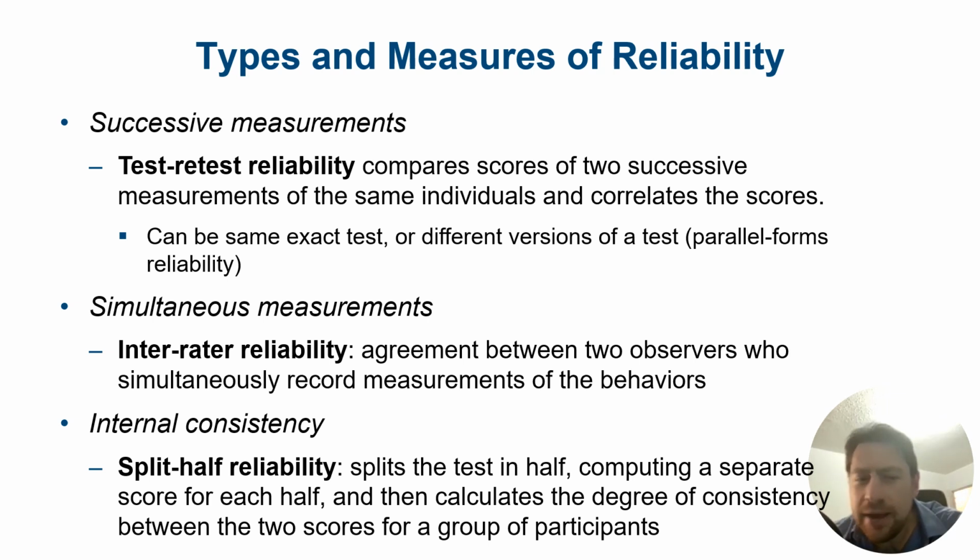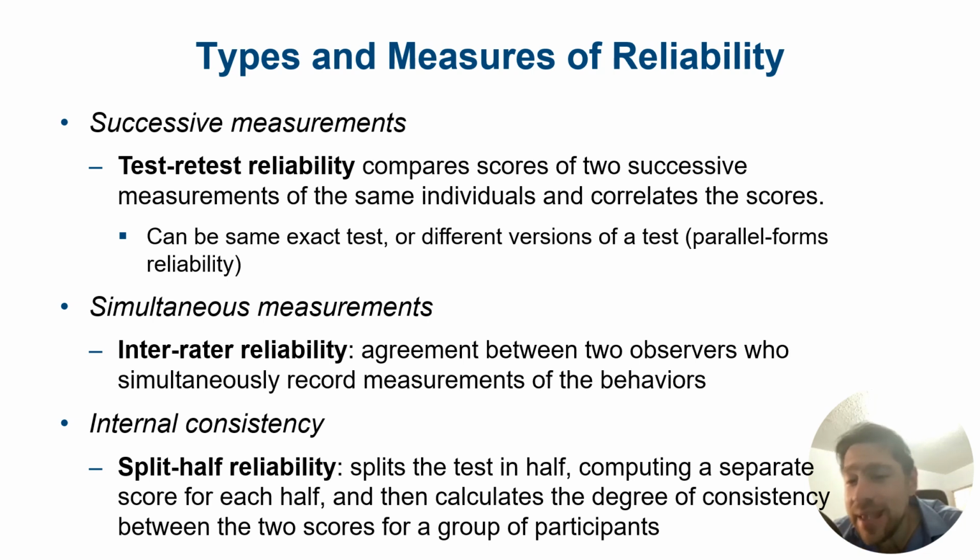And finally, we have internal consistency, which refers to the consistency across different items within a single test that measures the same construct. Here, what you're doing is ensuring that a test is stable or consistent across different components. The way this is measured is called split half reliability. The idea is you take a test, split it in half, and correlate the scores from both halves.